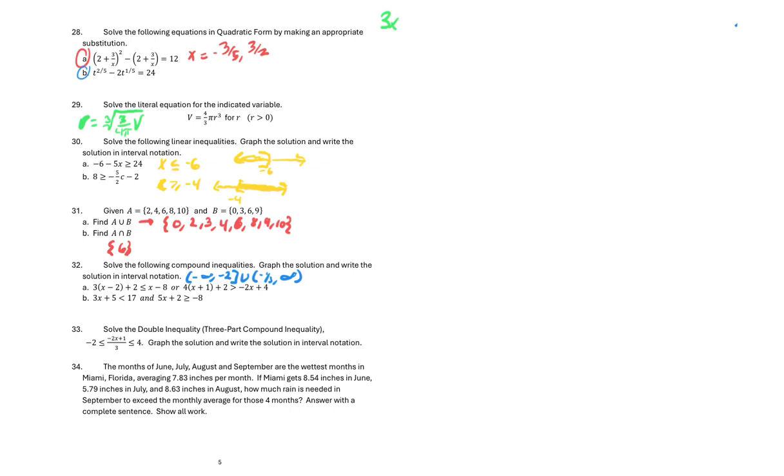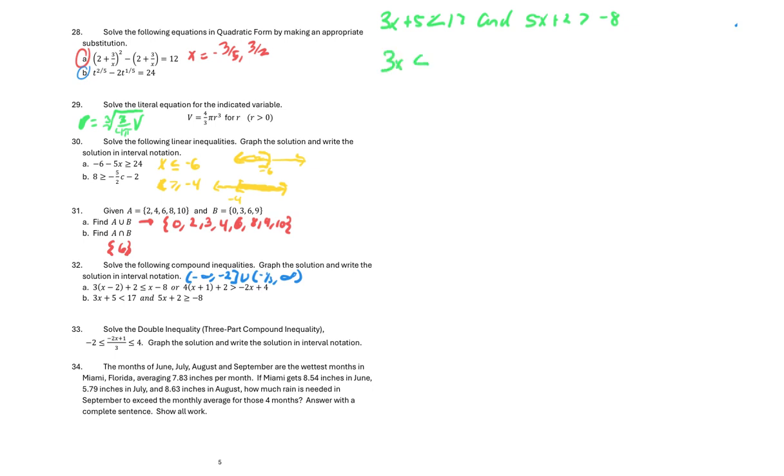Now we have 3x plus 5 less than 17, and 5x plus 2 greater than or equal to negative 8. So we'll do the same thing, solve for the left and then the right, and then consider the AND.